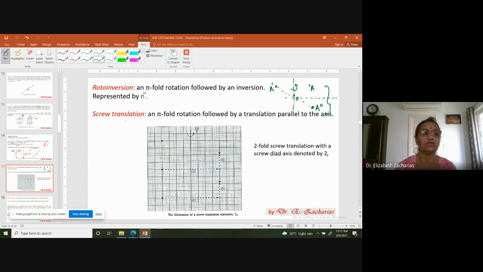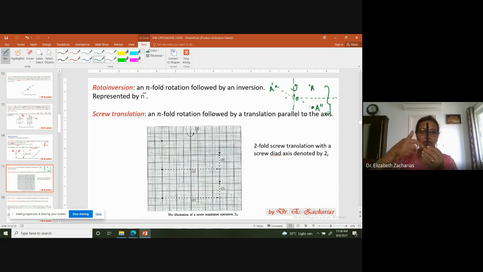Next, let us go to a third hybrid operation, screw translation. A screw translation is where you have an axis, and an n-fold rotation followed by a translation parallel to the axis.